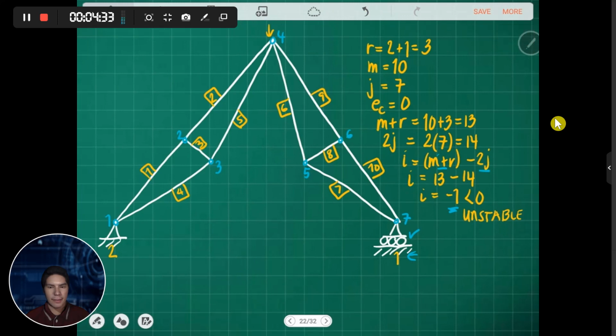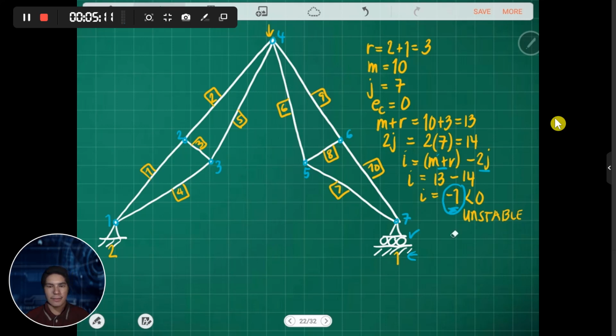Or we could provide a member, such as this one. So if we provide a link or a member for joints 3 and 5, that would make this truss system stable or determinate. Because the degree of indeterminacy is equal to negative 1, we lack one support reaction or one member to make the structure stable.